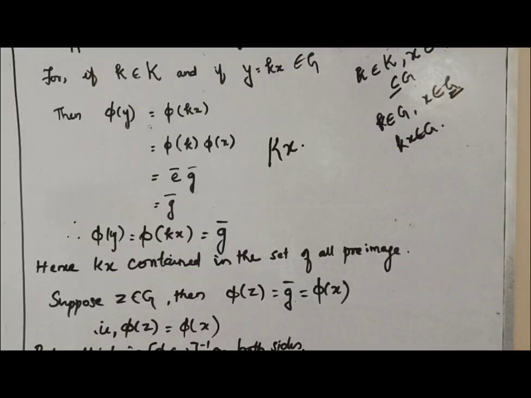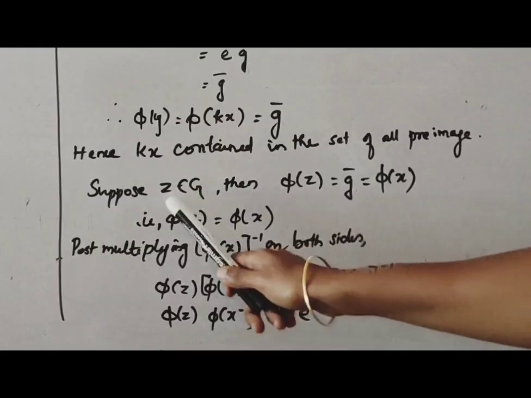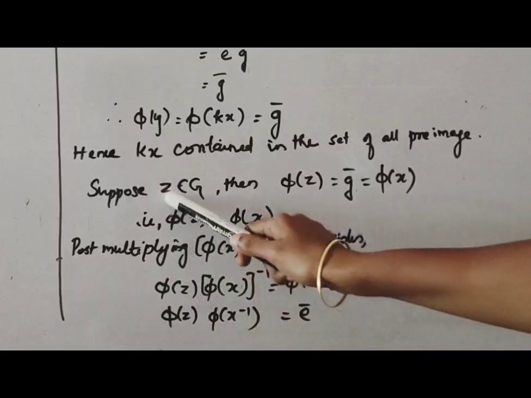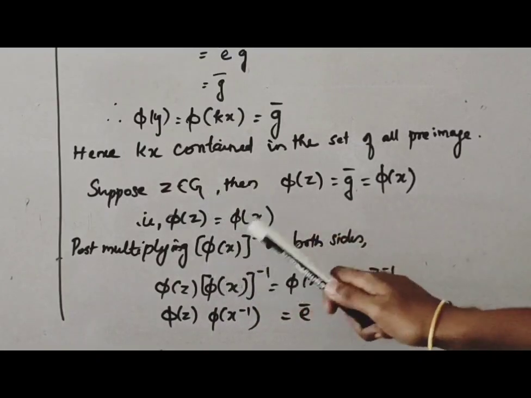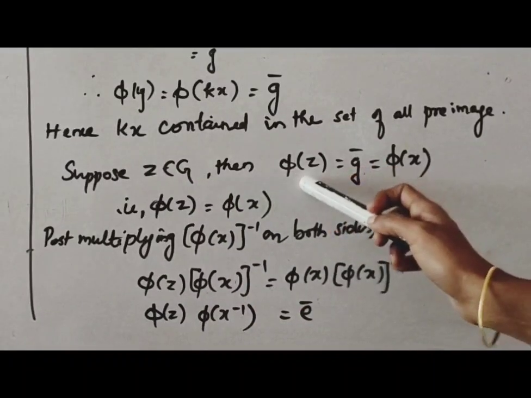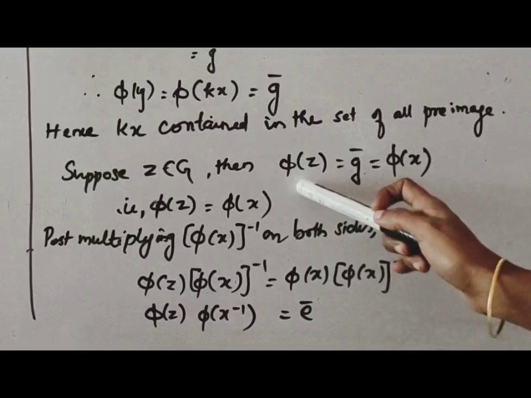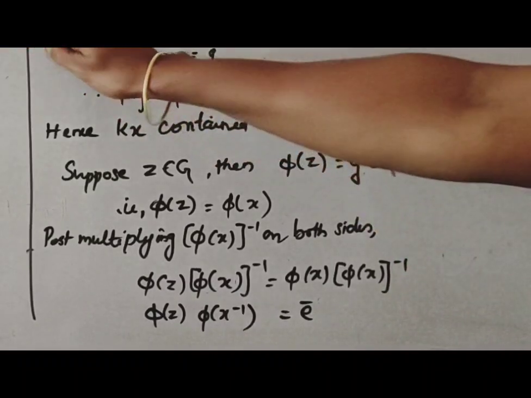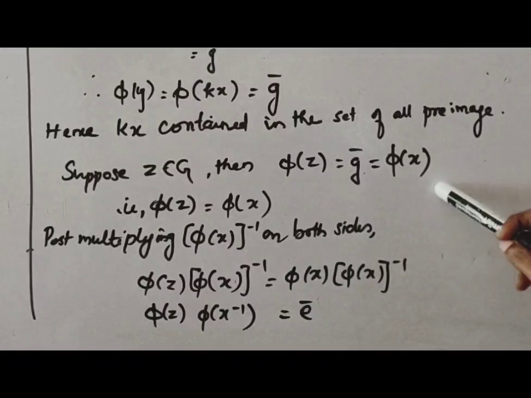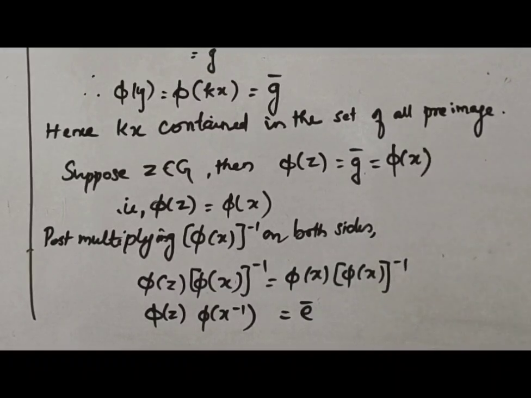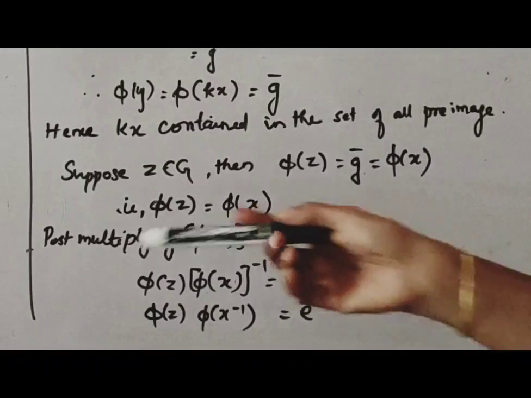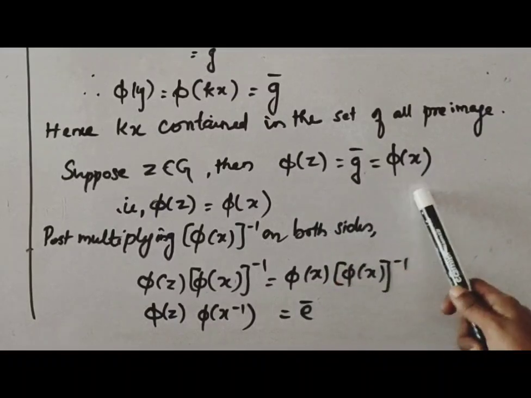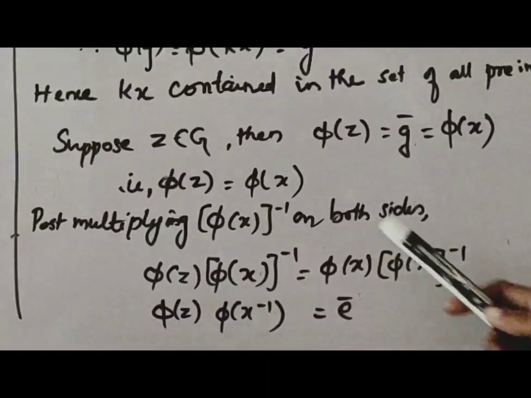Now, let us choose one element from G, that is z. Choose z from G. Then the image is written as phi of z, which is in G bar, and is equal to phi of x. Because phi of z is equal to phi of x.